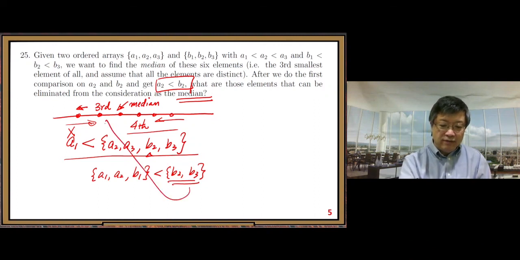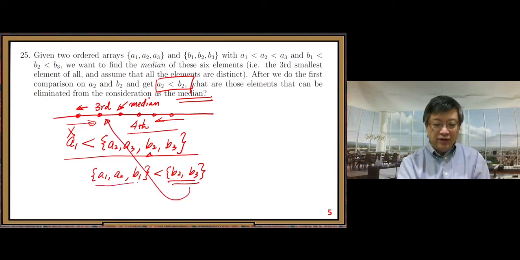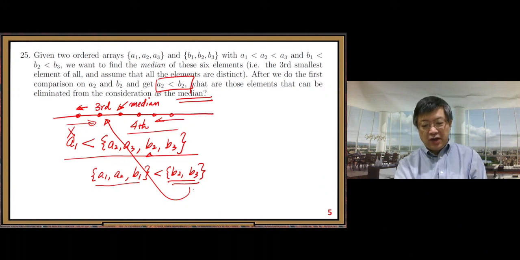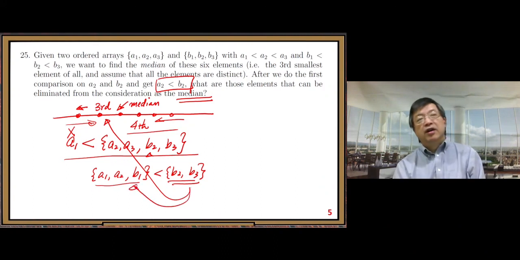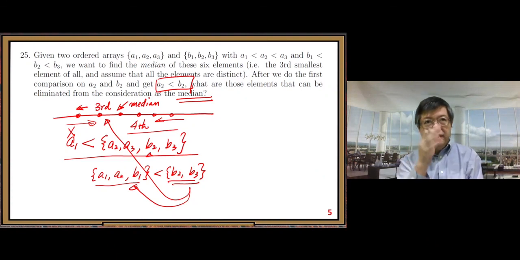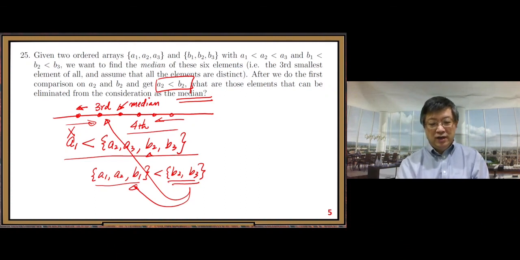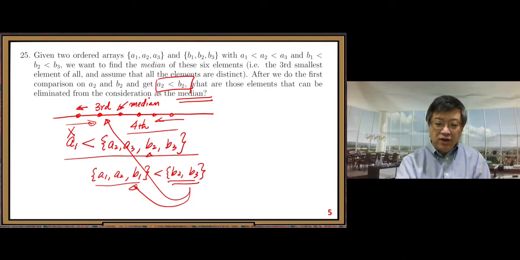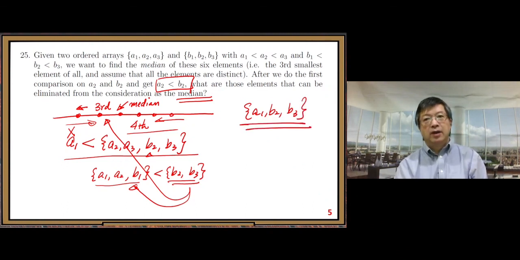You do not have a chance to get into the first 3. So the answer is A1, B2, B3. That's the solution of this question.